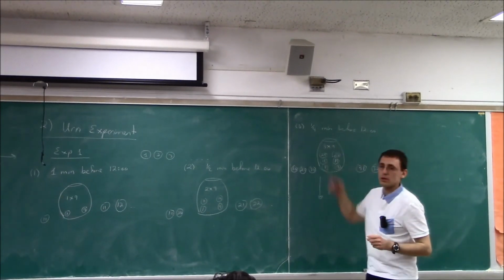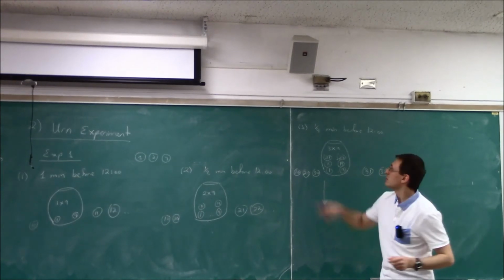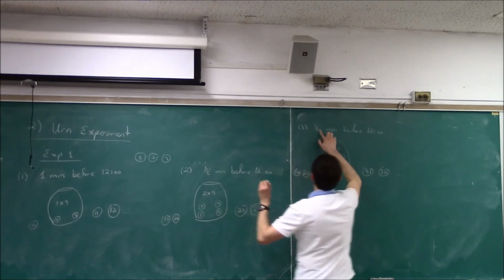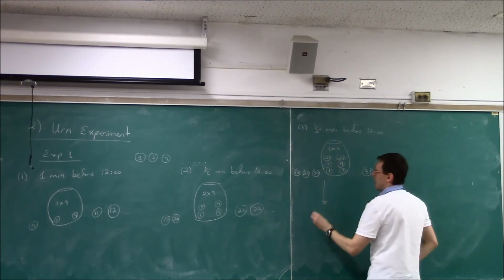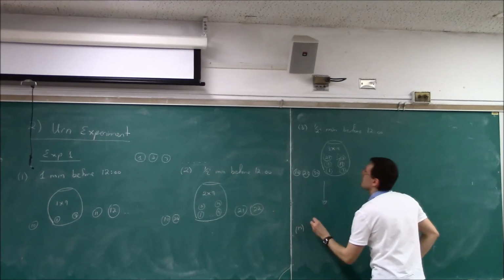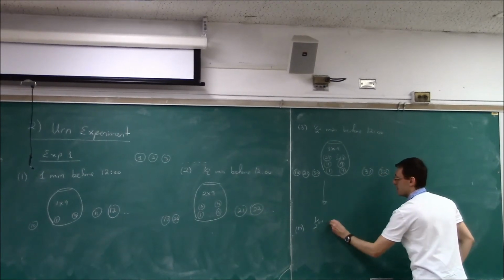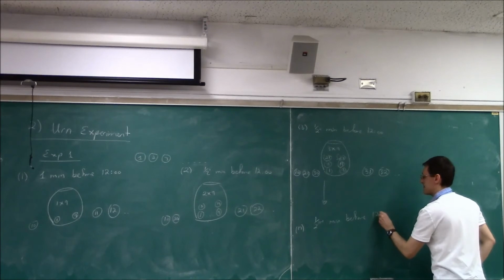So next you're going to do 1/16 before 12. You see, you're using powers of 2. This is 1/2 to the power of 1. This is 1/2 to the power of 2. And the end procedure will be 1/2 to the power of n minus 1 minutes before 12.